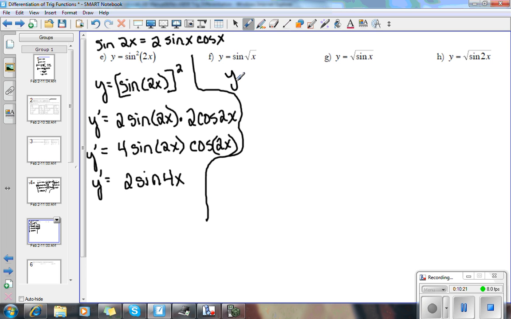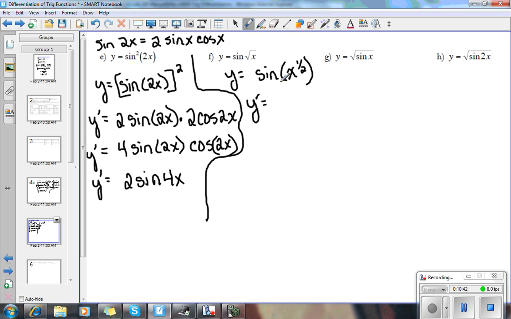Okay, on the next one, I'm going to rewrite this as sine of x to the 1/2 power. So then y prime, on this one actually, I have an inside function and an outside function.